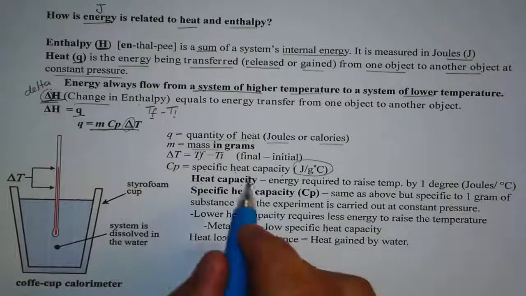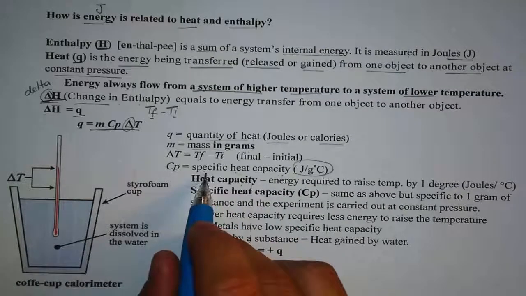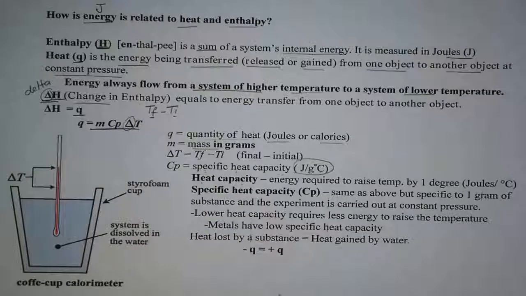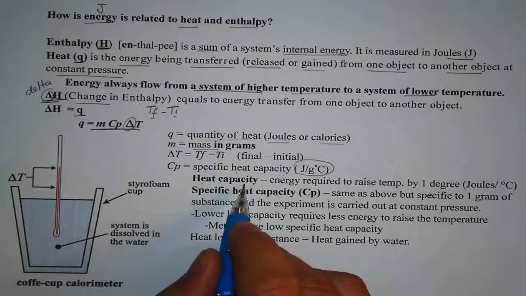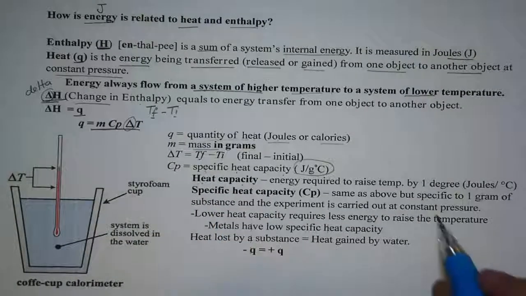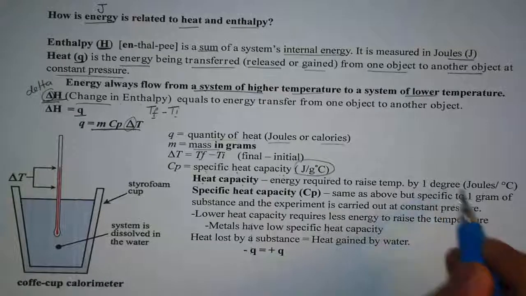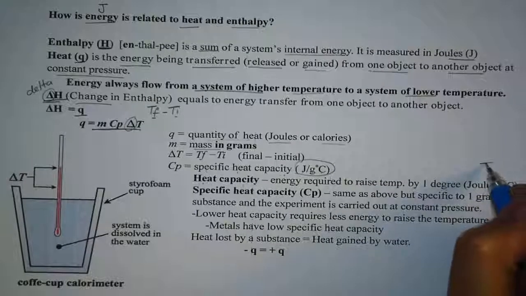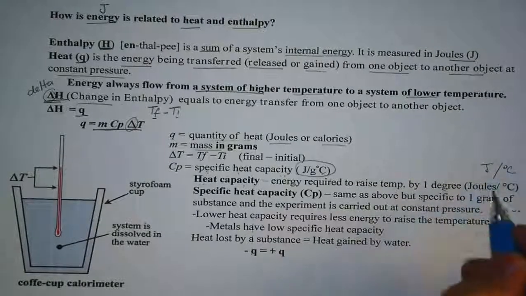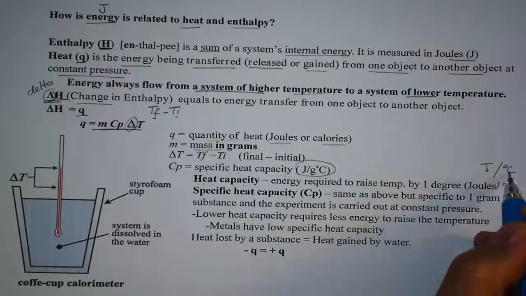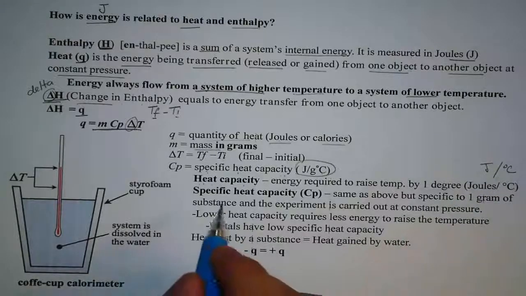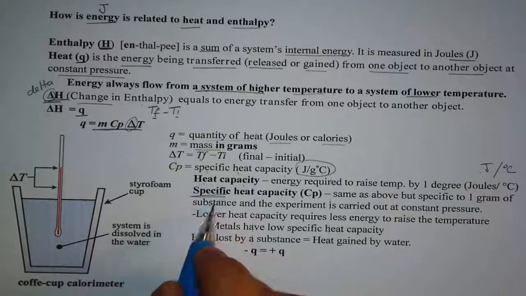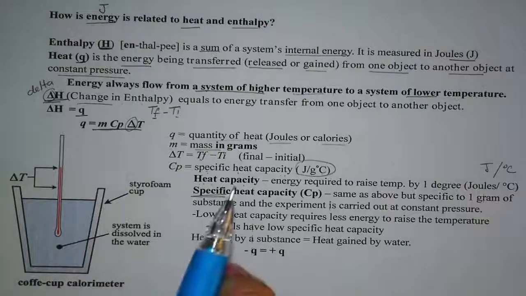So what is heat capacity, and how is it different from specific heat capacity? First of all, heat capacity is the energy required to raise the temperature by 1 degree Celsius. So how much energy? That's why we have joules over Celsius. How much energy do I need to raise 1 degree Celsius? Whereas with specific, think of the term specific. That's because different substances have different heat capacities.